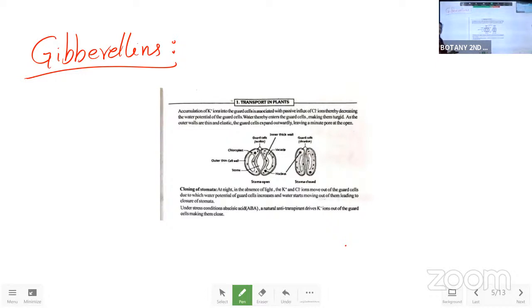These gibberellins are going to be synthesized by the matured leaves and the fruits and stored at the nodal regions of the stem, so that the internodal length will be increased. And the next point is that gibberellins remove genetic dwarfism.